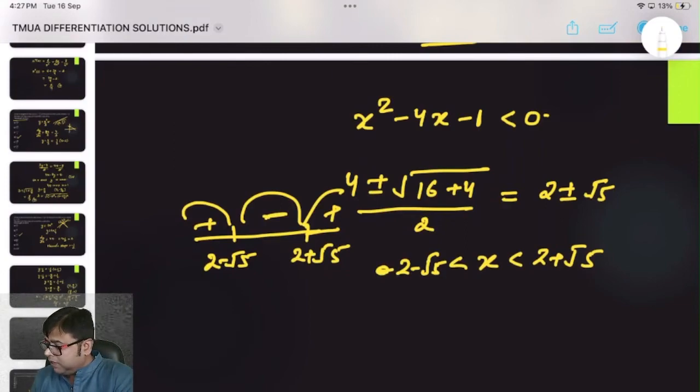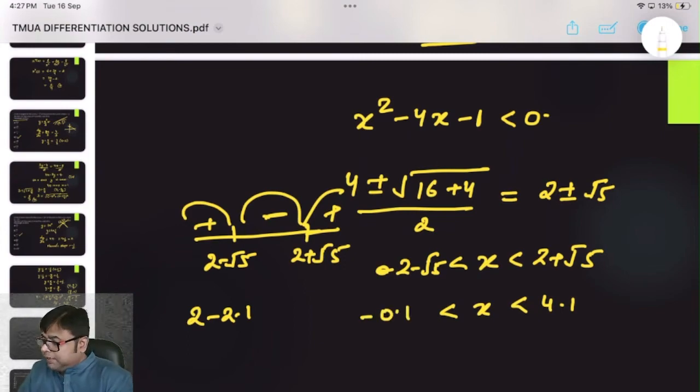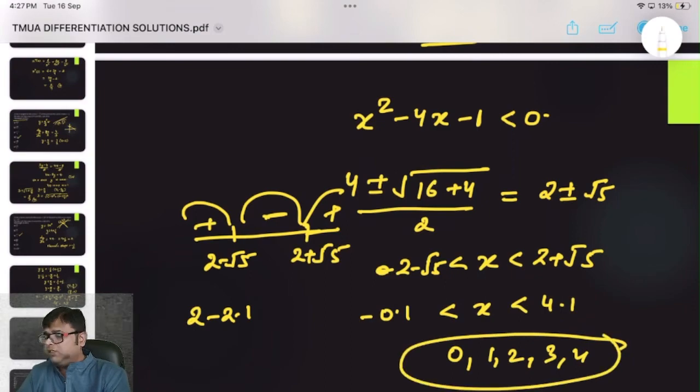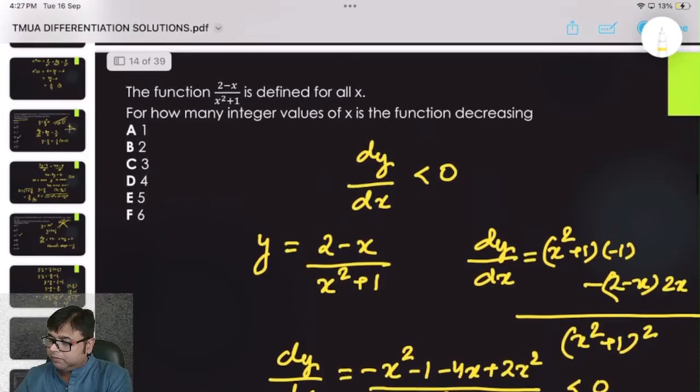So I know approximately this value is less than 5, 4 point something, and this value will be greater than minus 0.1. So greater than minus 0.1, we have integers which are 0, 1, 2, 3, 4. There are 5 integer values which lie in this range. So the answer will be 5.